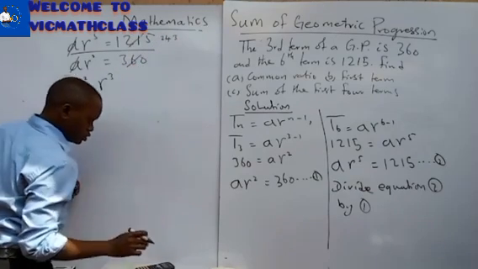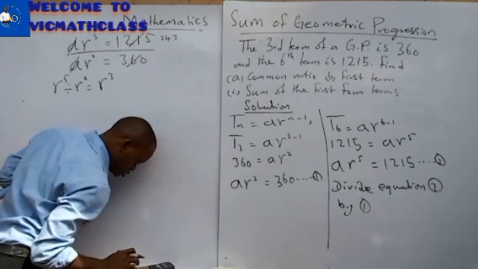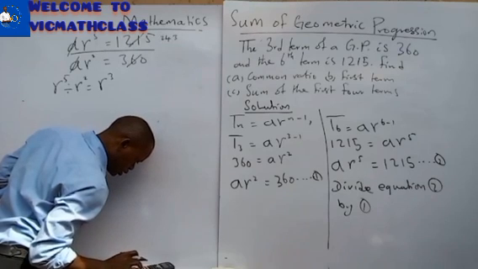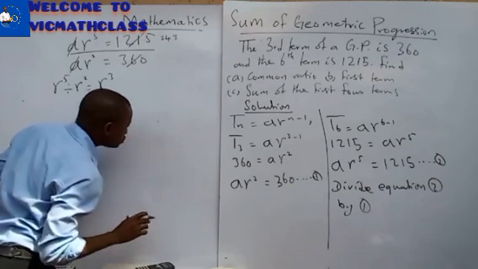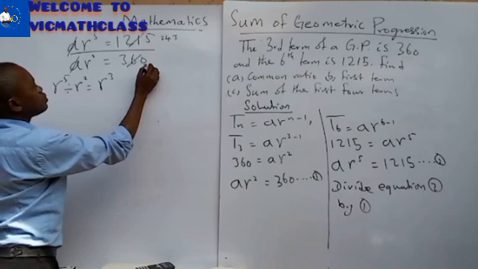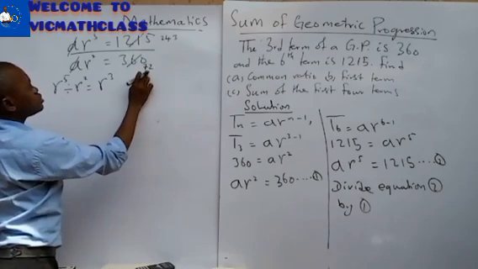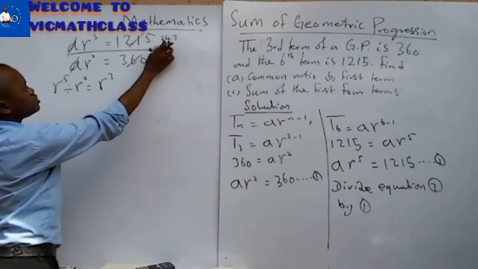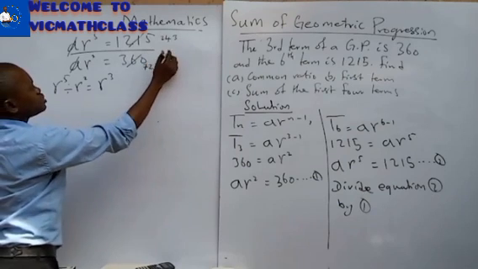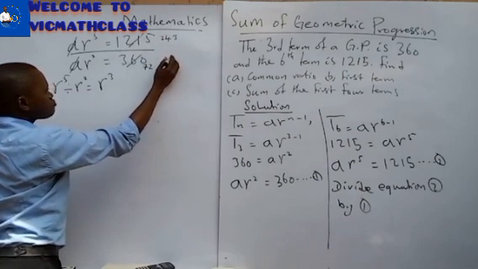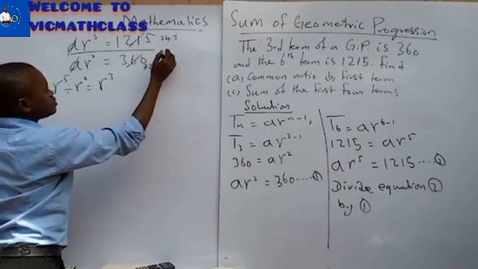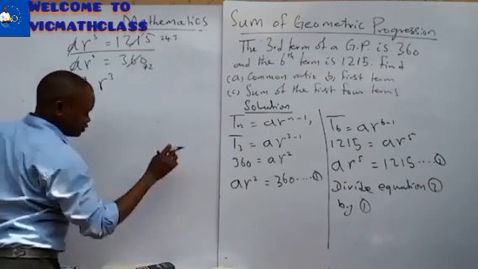And 5 goes to 360. 360 divided by 5 is 72. Okay, let me see, because this cannot be raised to an index. Let me try something again. I think this can be divided by 9. So 243 divided by 9.